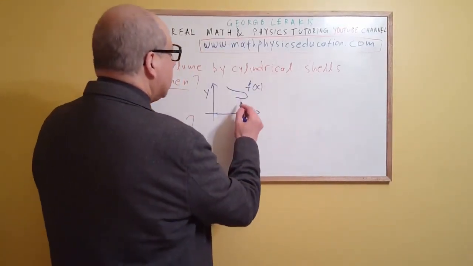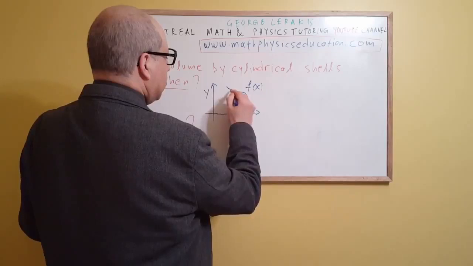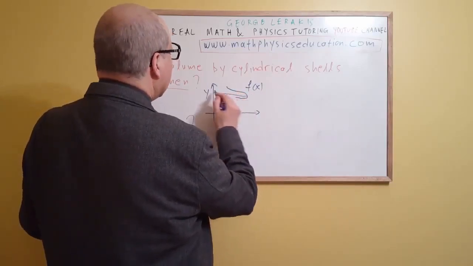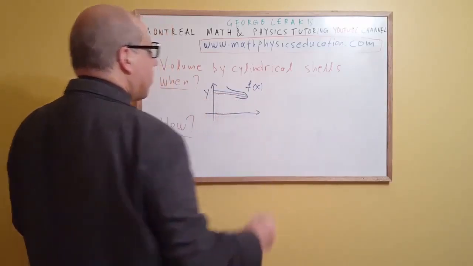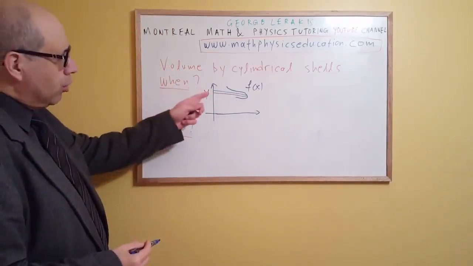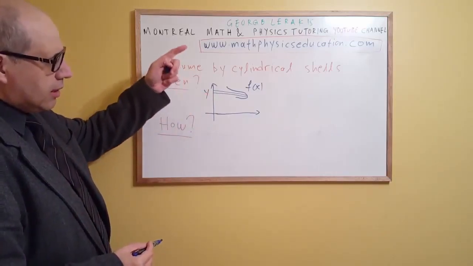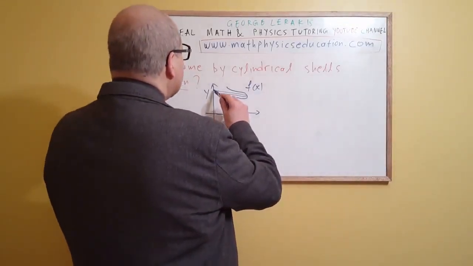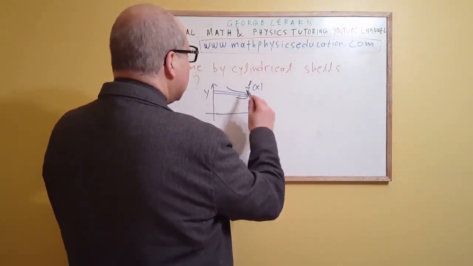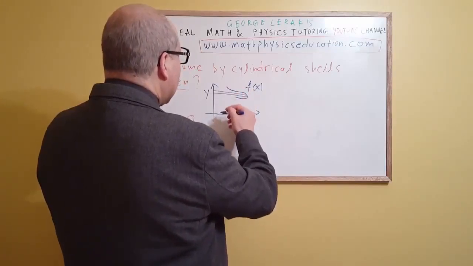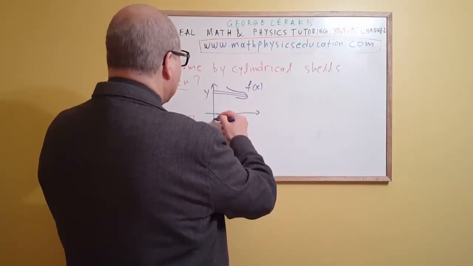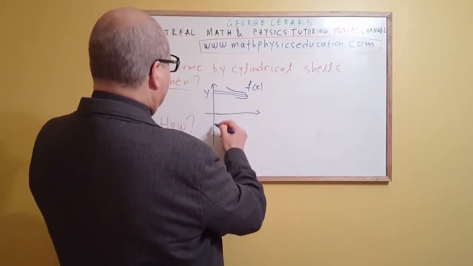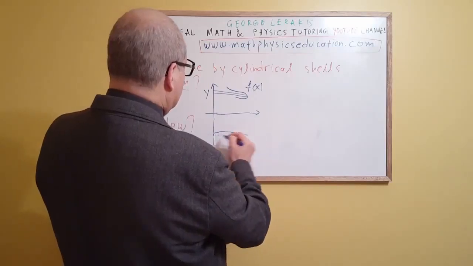So what we do here is break this into small cylindrical cells that will be created when you rotate this thing here around the x-axis. So what you will get is something like this.